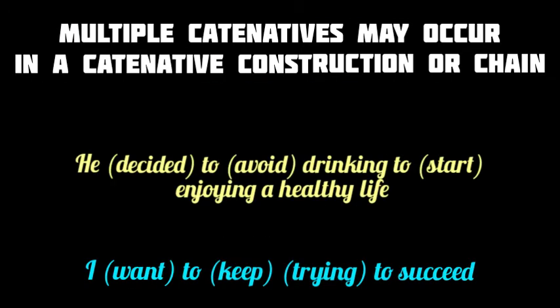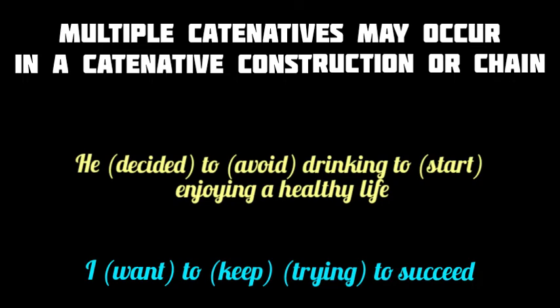Sometimes we see multiple catenative verbs in a catenative construction or chain within the same clause. For example, in the sentence, he decided to avoid drinking to start enjoying a healthy life, we have three catenative verbs. The first catenative verb is decided, which is followed by the infinitive to avoid.